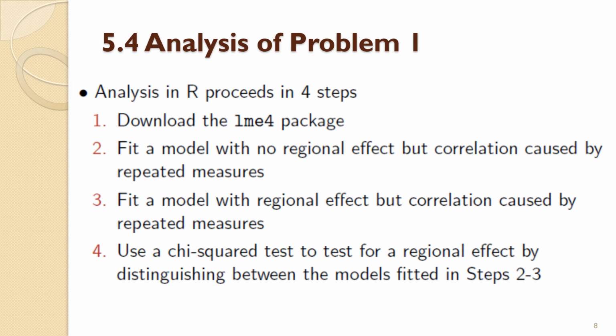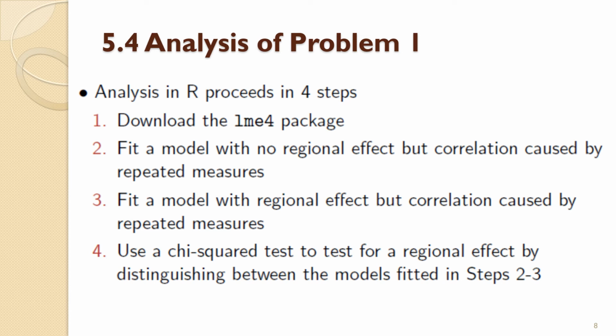Okay, so in each case the natural comparison to make here is that you've got some correlation caused by, the technical term is, repeated measures. It just means that you've got people who observe the same hotel, and necessarily if you observe the same hotel and have the same experience as a guest, there's going to be some correlation caused by the fact you've been exposed to the same stimulus. Okay, and that's true even if there isn't a regional effect.